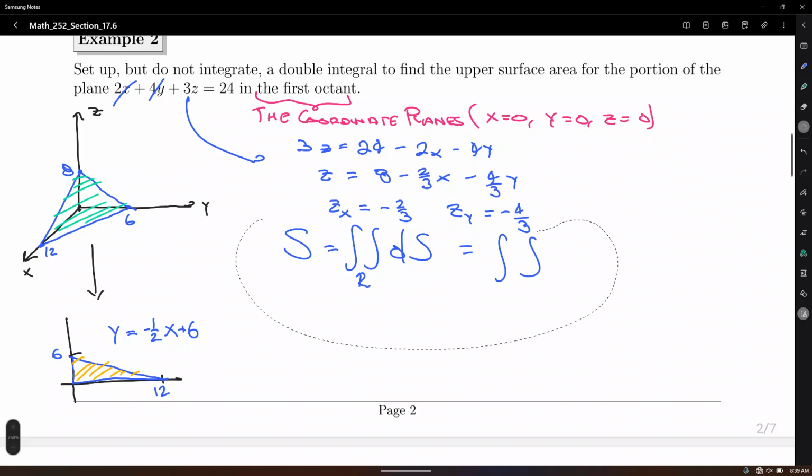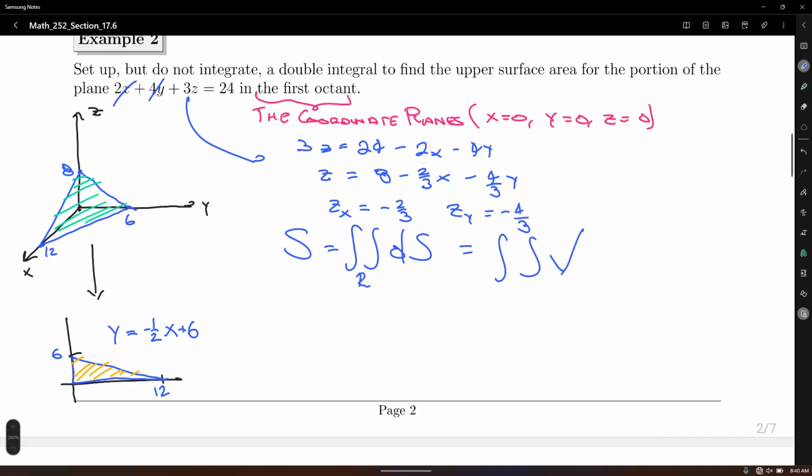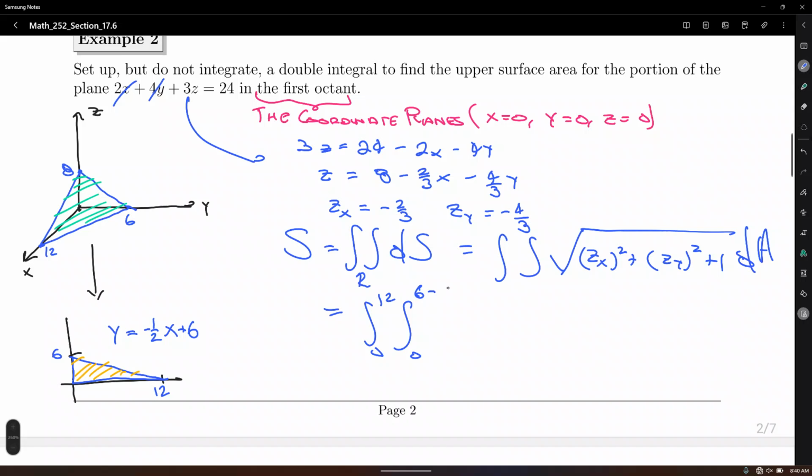So that is the square root of z with respect to x squared plus z with respect to y squared plus 1, dA. So that's the integral from 0 to 12. Do you guys agree with 0 to 12 for x? And from the lower limit, the horizontal line y equals 0, all the way up to the diagonal line, 6 minus x over 2, or negative 1/2 x plus 6.